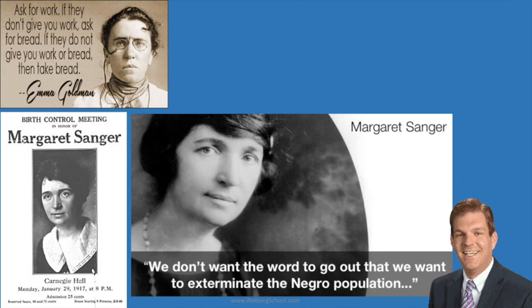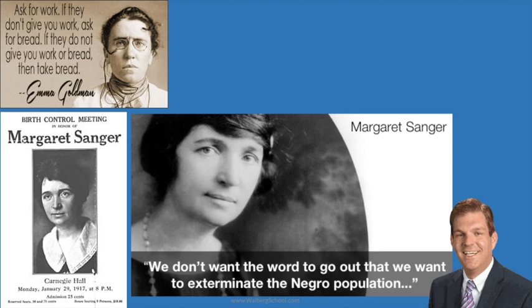But let's talk about Margaret Sanger here. Margaret Sanger placed the issue of birth control at the heart of new feminism. In 1921, Margaret Sanger founded an organization known as the American Birth Control League. The goals of the League were spelled out in several of Sanger's books.